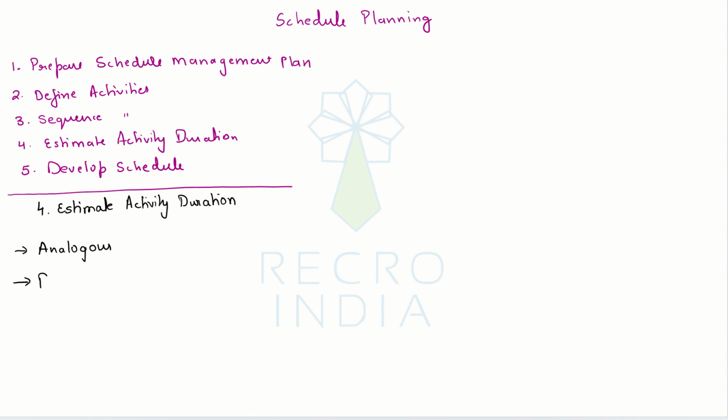Then we have parametric estimation. Para is per, metric is unit. So as it translates, it's a per unit estimation technique where you want to determine the total number of units that we have to complete for a given activity, and then again based on your past experience you can determine how much time it will take to complete 1 unit of work and then simply multiply.